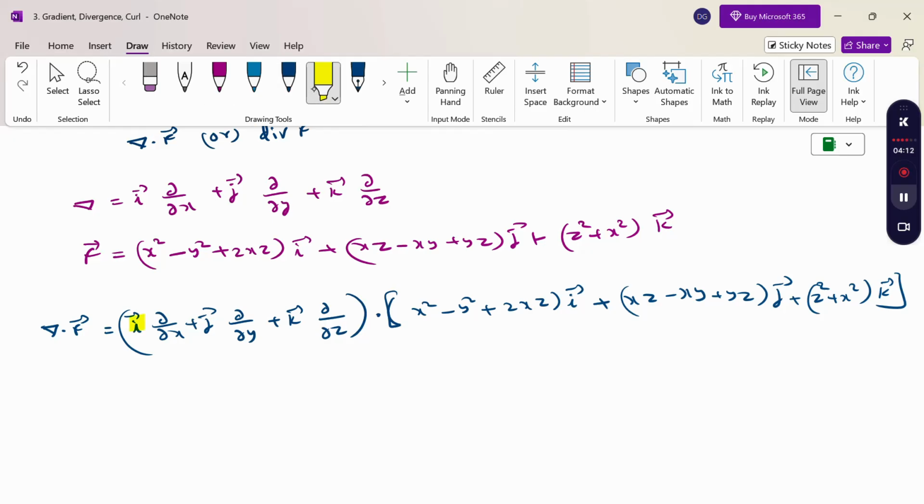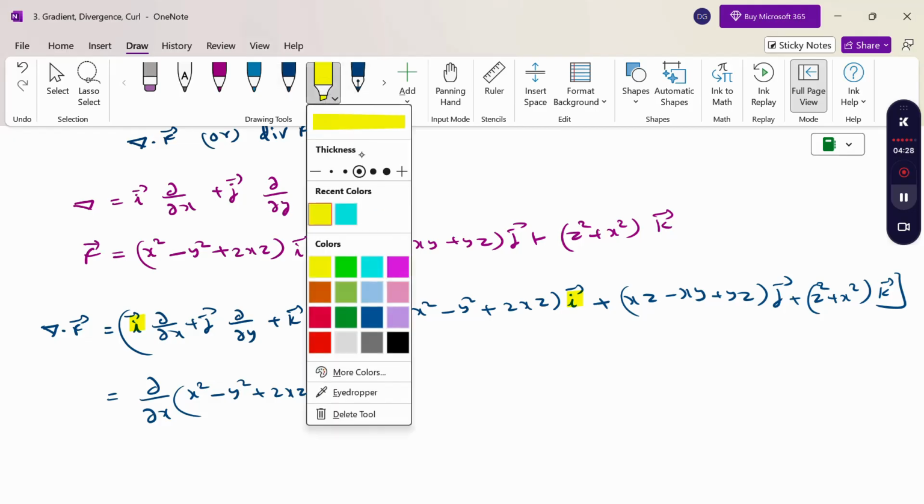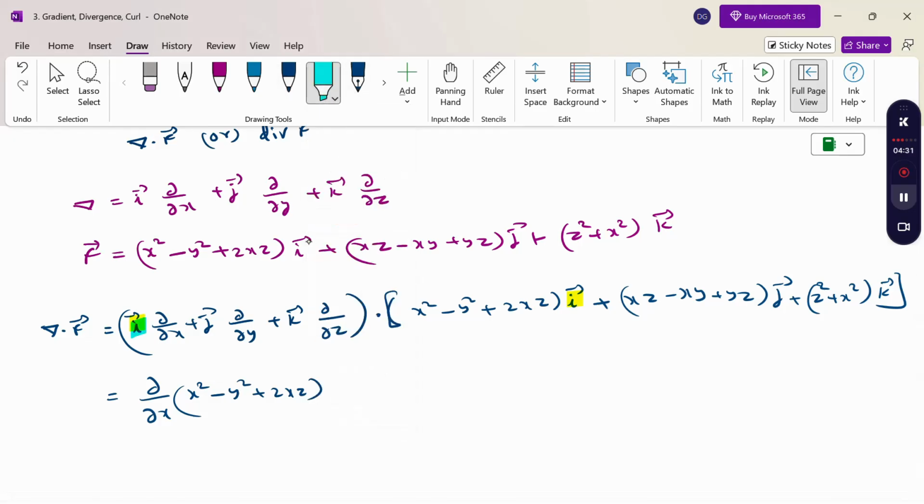See, i dot i value is 1. Therefore dou by dou x of (x square minus y square plus 2xz), i dot i. Then i dot j is 0, i dot k is 0. So only i dot i value is 1, other values i dot j, i dot k are 0.